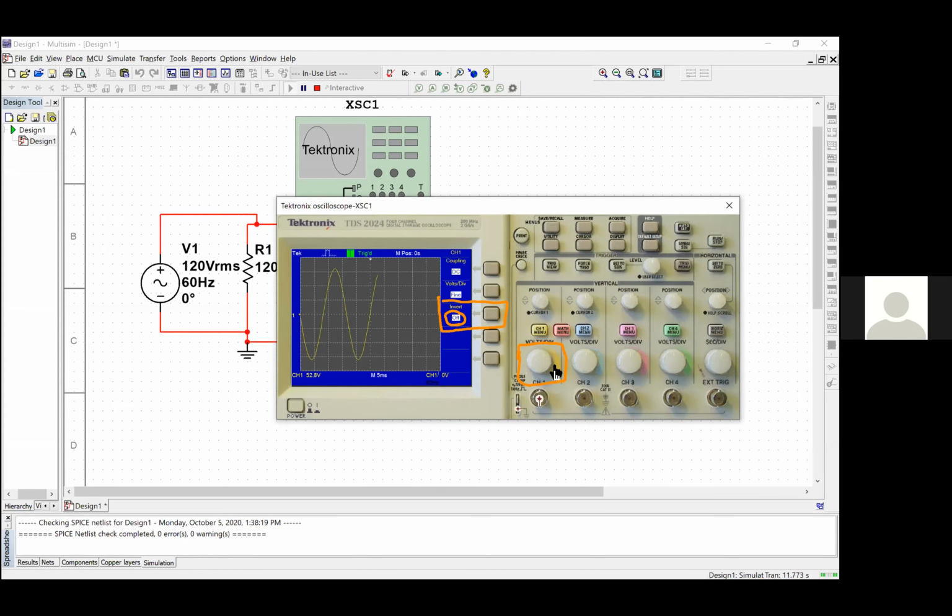If I want to know the frequency, and that's the only formula that we are going to use today, how do we calculate frequency from the signal that we have on the screen?